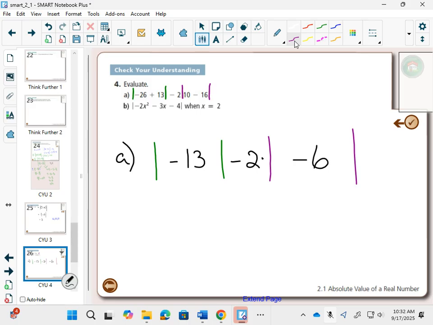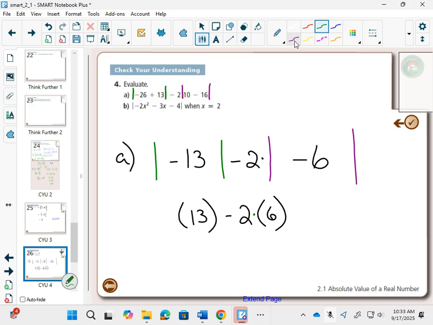But whenever I get rid of the absolute value bars, in order to hold numbers in the right spot and to make fewer mistakes, I'm going to replace it with a bracket. So absolute value of negative 13 is 13. I still have minus 2, and then the absolute value of negative 6, put brackets, is 6. If I put brackets there, it's going to be obvious that that multiplication is still there.